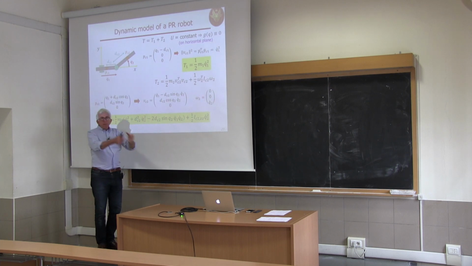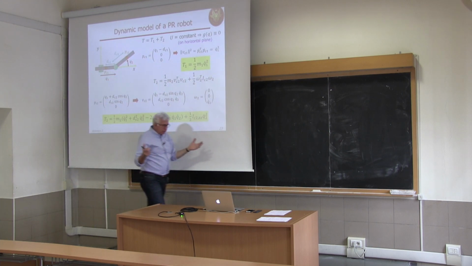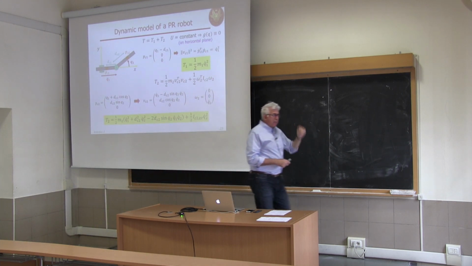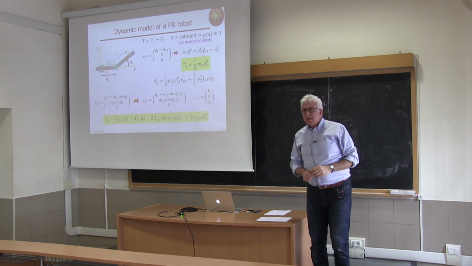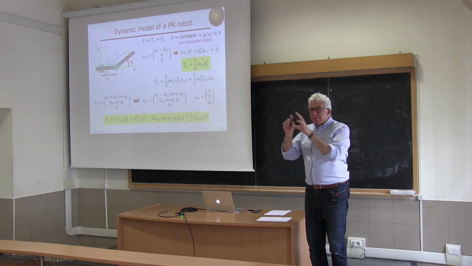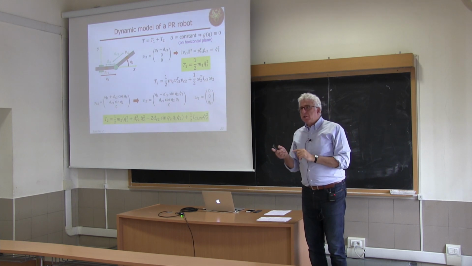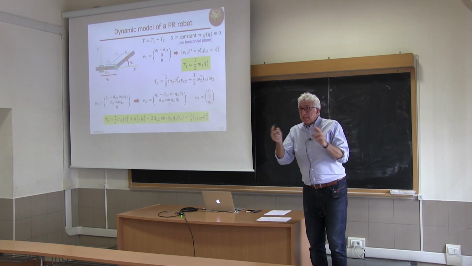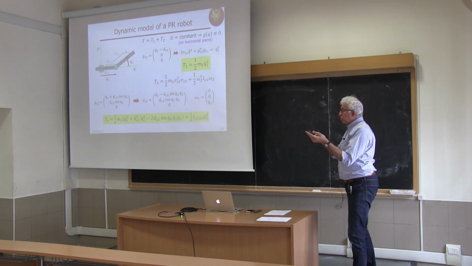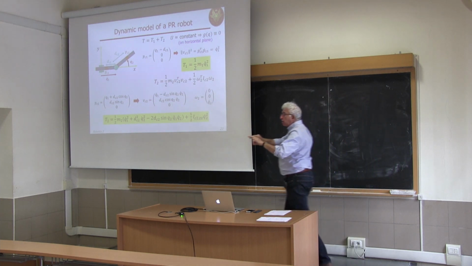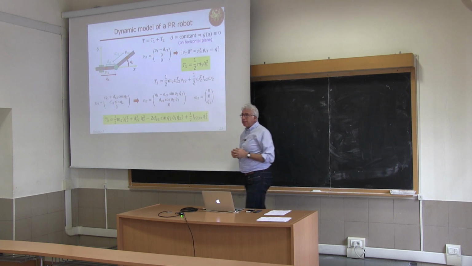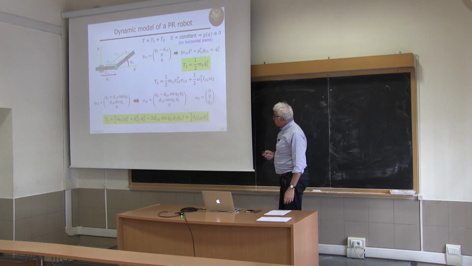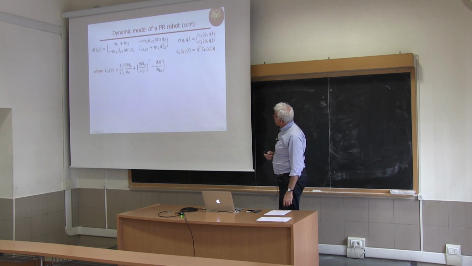So if I'm factoring out from this quadratic form the element that multiplies q1 dot square, the element that multiplies q2 dot square, and the element that multiplies q1 dot, q2 dot, and distribute this into the product of q1 dot, q2 dot, and q2 dot, q1 dot, we are exactly extracting the four elements of the symmetric inertia matrix of the robot.